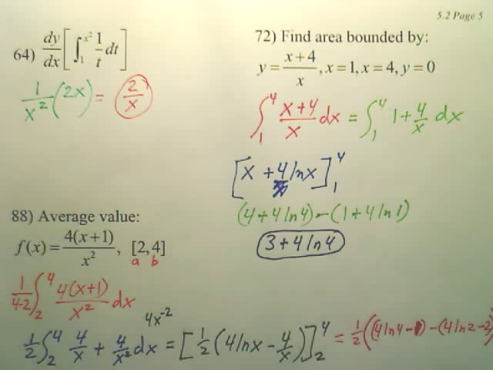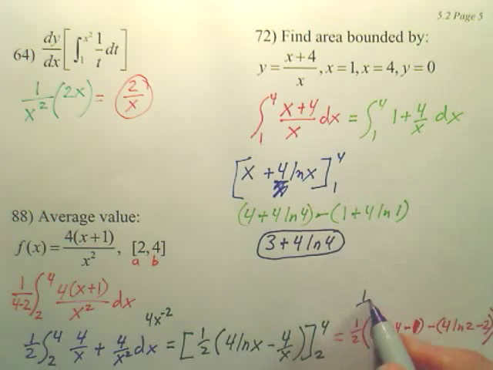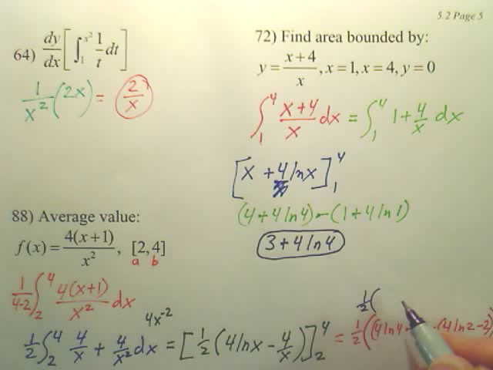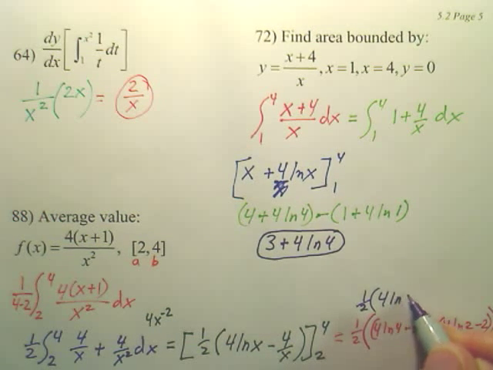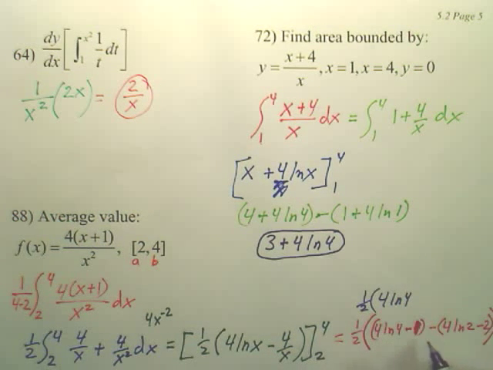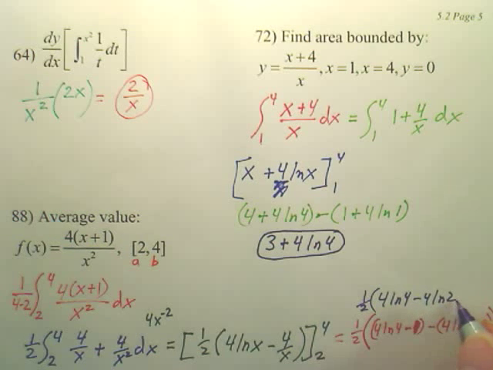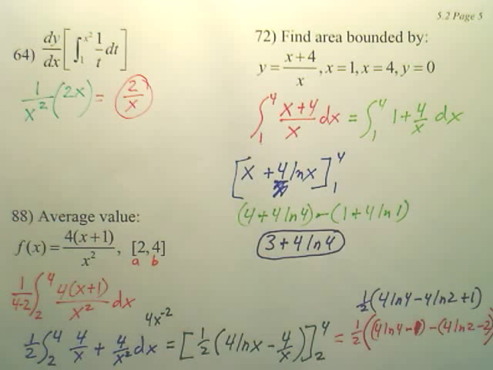If we simplify that all out, you can't really do a lot of simplification here, but if we leave the 1/2 out front, we have the 4 ln 4, and then negative 1 minus a negative 2 becomes plus 1. So that should be right.